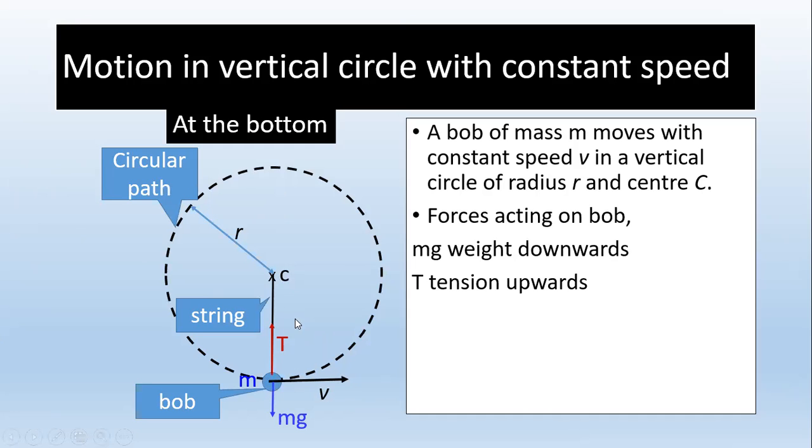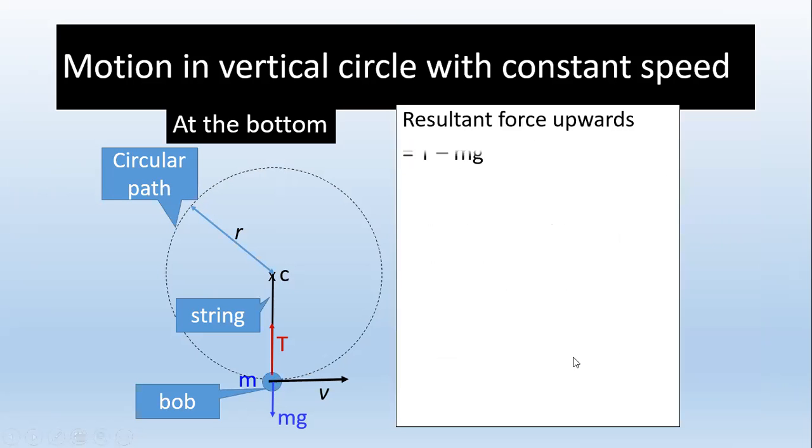So there are two forces acting, one downwards, one upwards. And we know the resultant is towards the center. That's your centripetal force. The resultant force is T minus mg, towards C. And we know that equals your centripetal force.